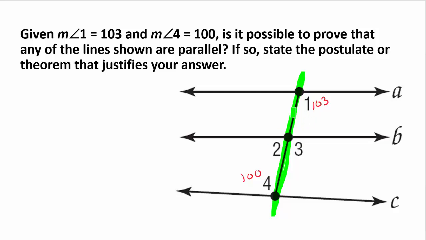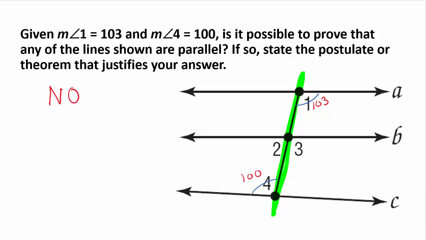They're on opposite sides of the transversal, and they're on the interior of the two lines in question, A and C. In order for those lines to be parallel, the angles have to be congruent. So these two angles that we're looking at, this one and this one, are not congruent. That one measures 103 and that is 100. So no, these two lines are not parallel.